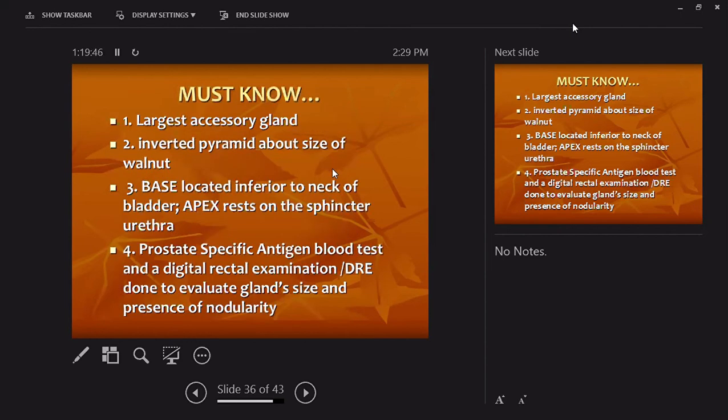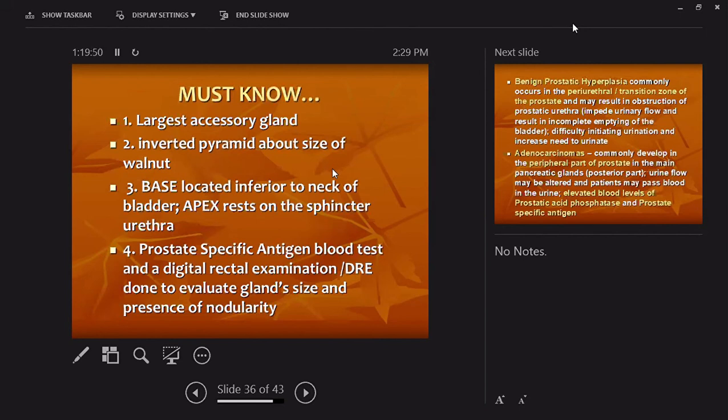You must know, therefore, that the largest accessory gland is your prostate. It is an inverted pyramid about the size of a walnut. The base is located inferior to the neck of the bladder. That's why it gives rise to problems, especially in old people. Anyway, it starts from 45 and above, there might already be changes because of prostate gland affectation.